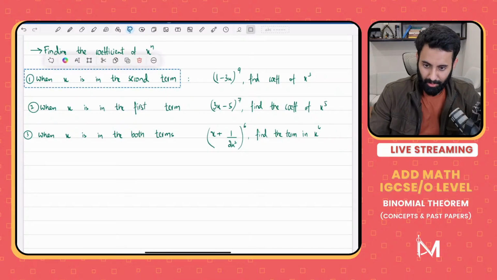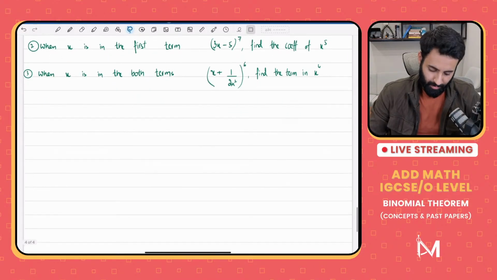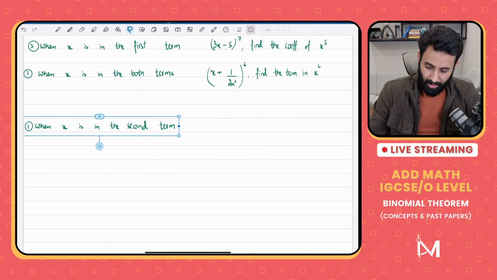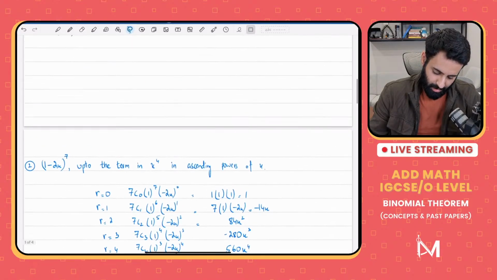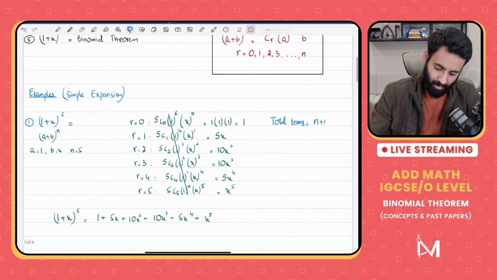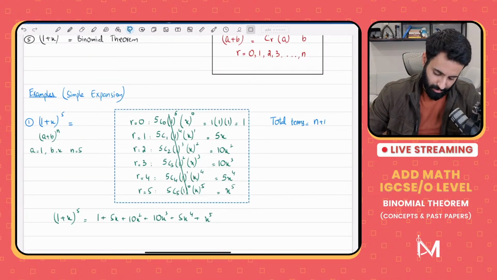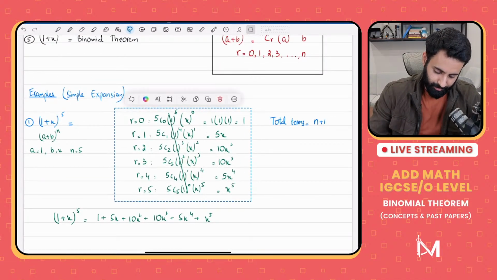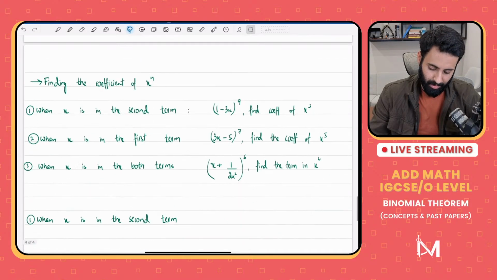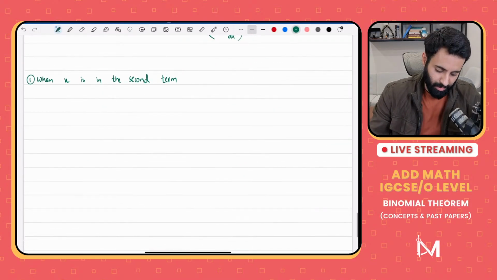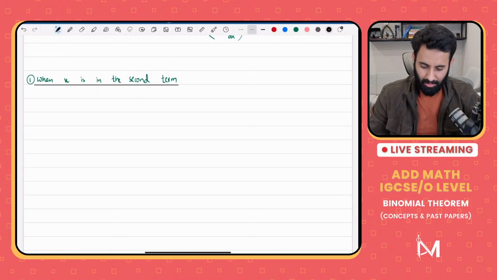Now here we have to observe a pattern. So let's say we go back to the expansion of 1 plus x power 5, and I write it over here. I want you guys to observe a certain pattern and see if you can find a relationship between the value of r and the power that we have in x.